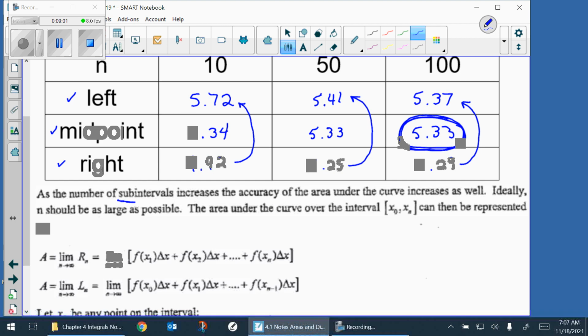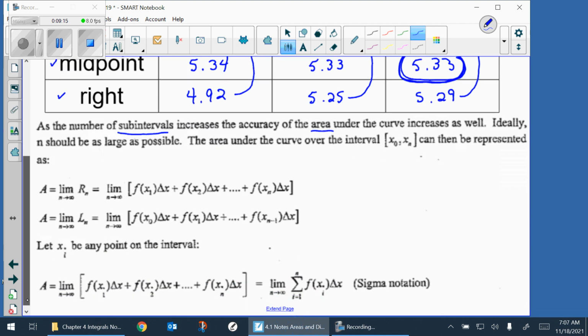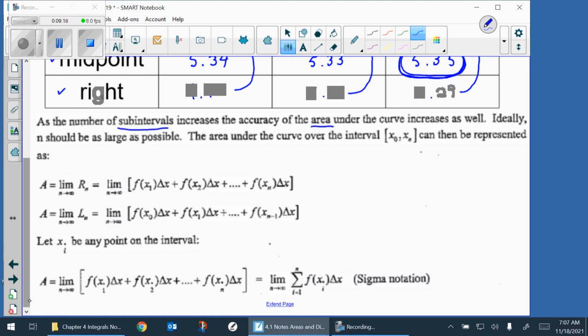So as the number of subintervals and the number of rectangles increases, the accuracy of the area increases as well. We should make as many rectangles as possible. Our calculators can do lots of them. They give us an expression for how we're going to find the area.